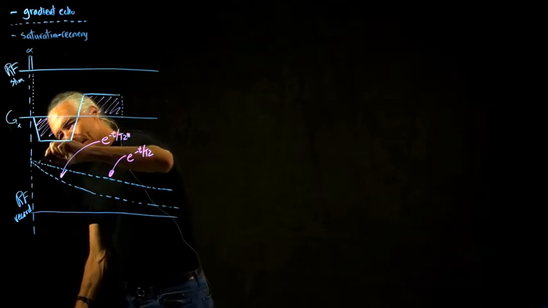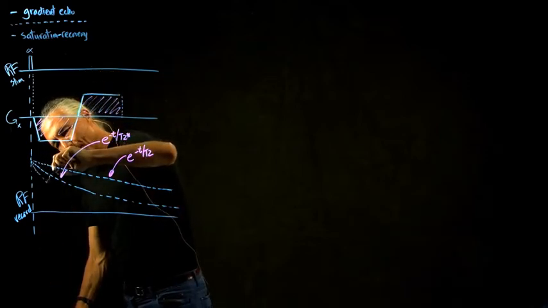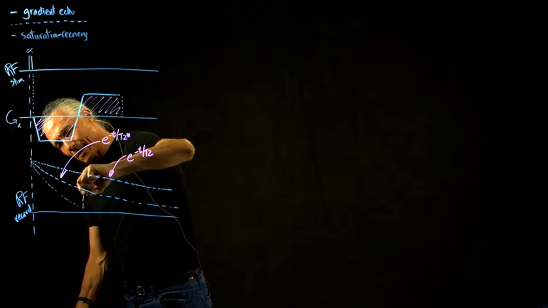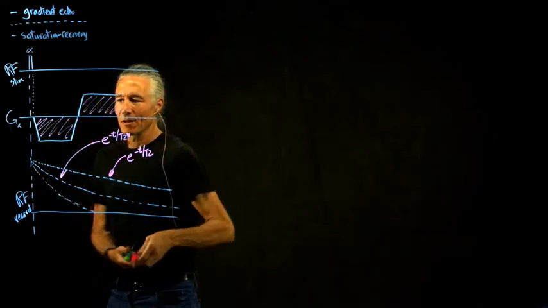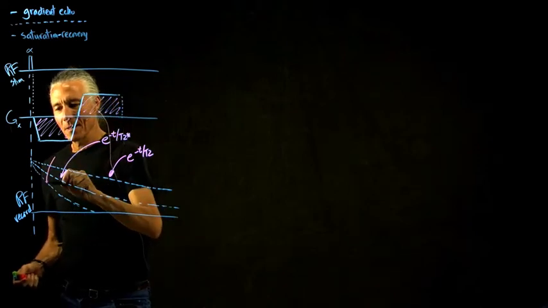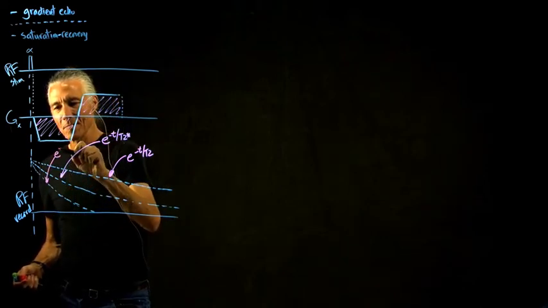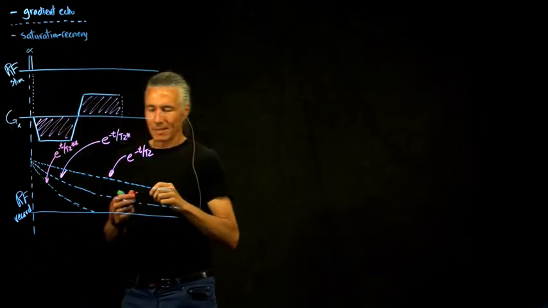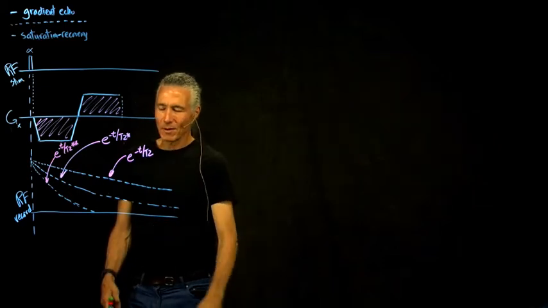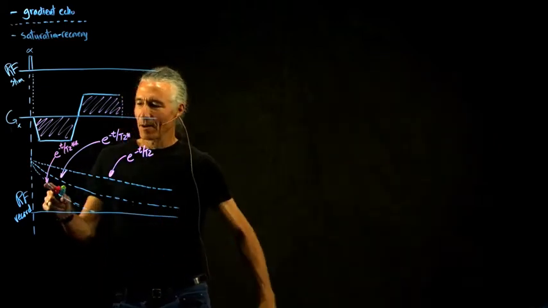And so what's going to happen is you'll get an even sharper decay curve like that. We can call that one e to the minus t over T2 star star, because it's got static magnetic field offsets going on, but it's also got the gradient messing it up.